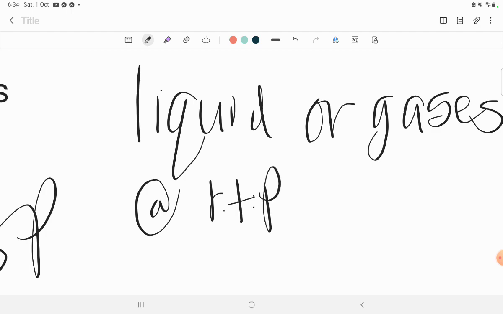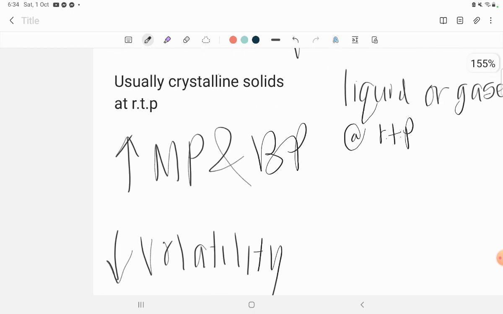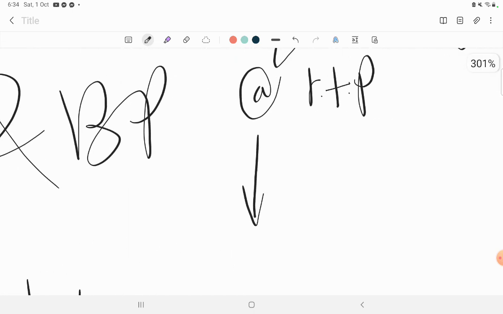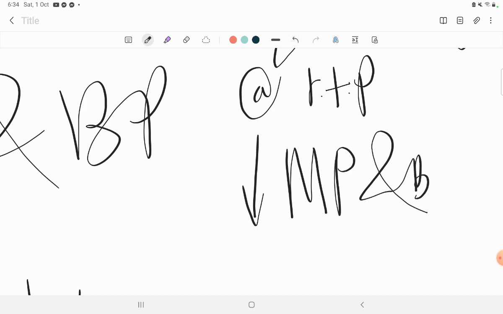What is RTP again? Room temperature and pressure. Okay, and then it has low melting point and boiling point.